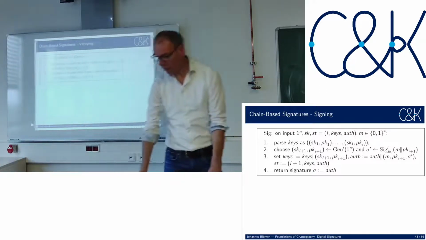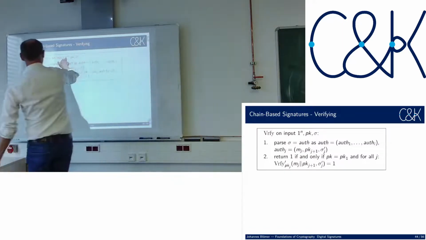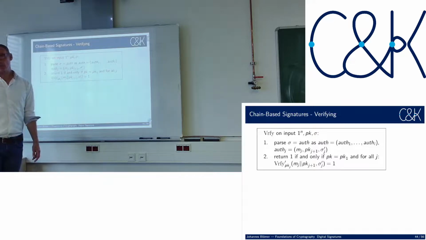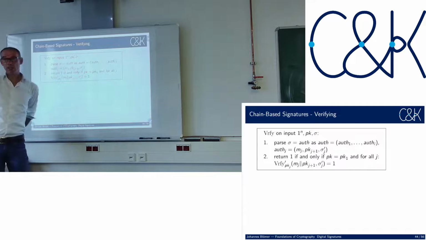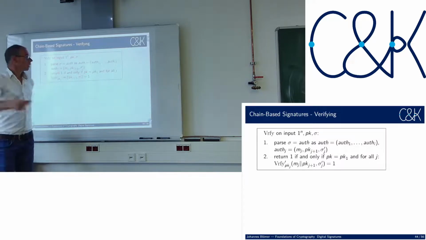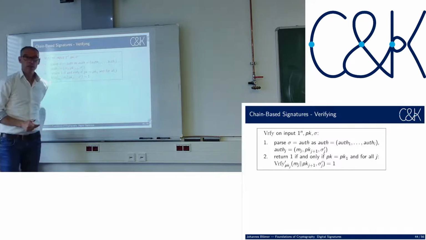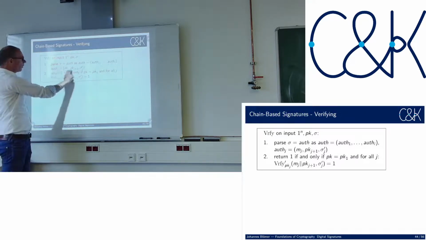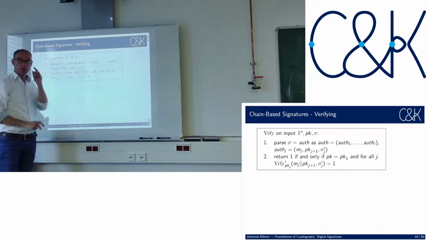Okay, so how do we verify? Verification: you get 1^n, you get PK, you get sigma, a signature. Remember, sigma is an authentication list consisting of auth_1 to auth_i. Each entry is of this form: M_j, PK_j+1, sigma_j prime.